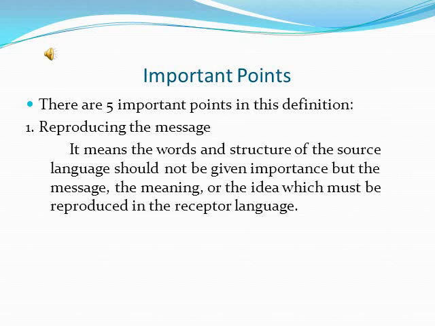It means the words and structure of the source language, or the first language, the language from which the translator is translating, should not be given importance, but the message, which is the meaning or the concept actually. This is what must be reproduced in the receptor or the target language.